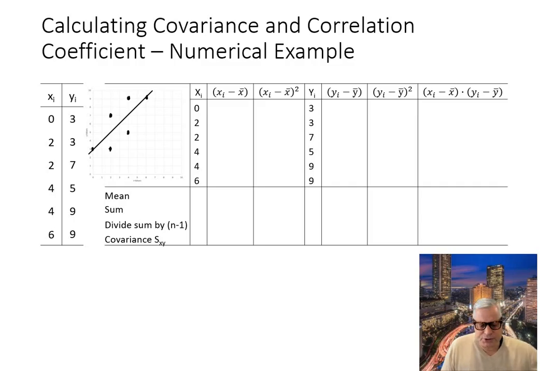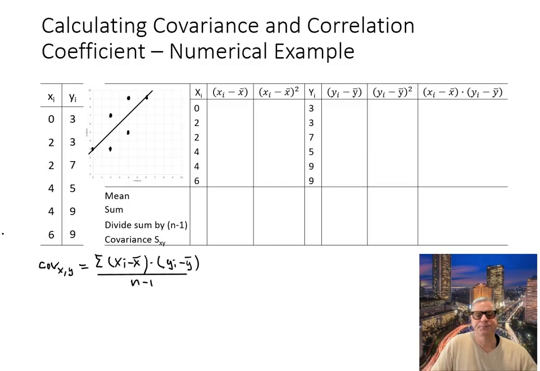So what we do is we use the formula for the covariance, and I'll just write it down again. We set the covariance between x and y equal to the sum of all the products of the deviations of x from the mean times the deviation from the mean of y, divided by n minus 1.